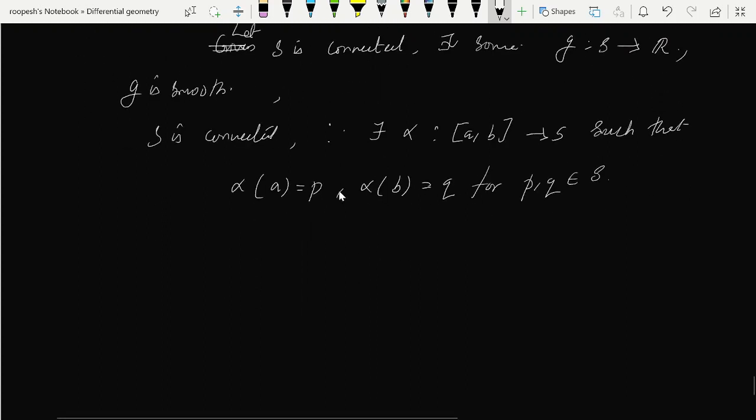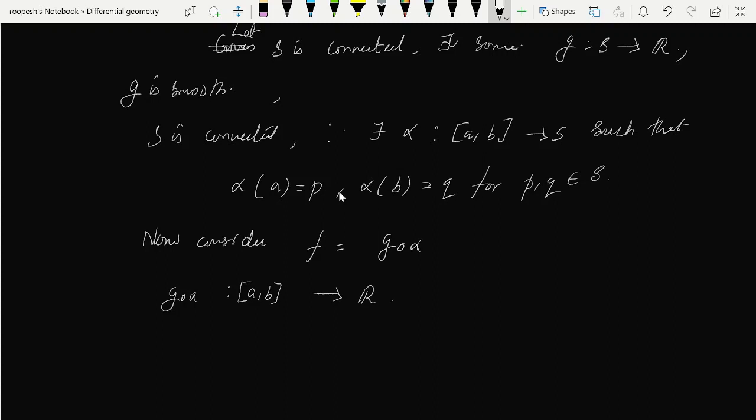Now consider f equal to g composition alpha. Now g composition alpha is defined from closed interval [a, b] to R. Then this f is smooth. What is the reason? Since it is the composition of two smooth functions, so it is smooth.